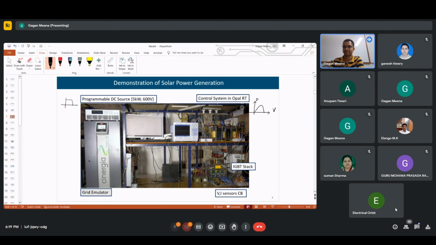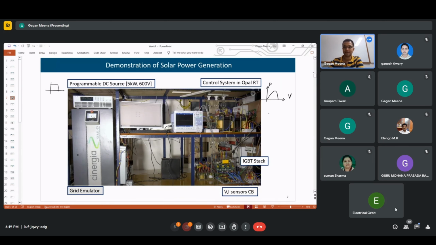So I was saying, this is the PV source, not the actual PV source, but we are trying to emulate the PV source using a programmable DC source. This DC source will provide these PV and IV characteristics, just as a solar PV performs.